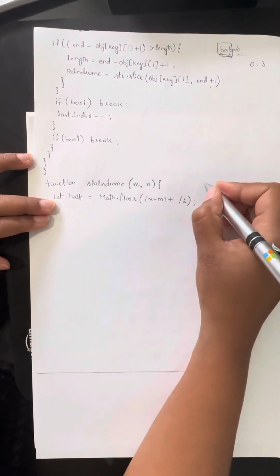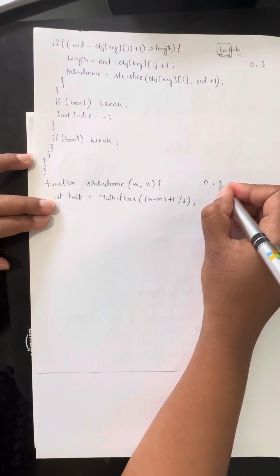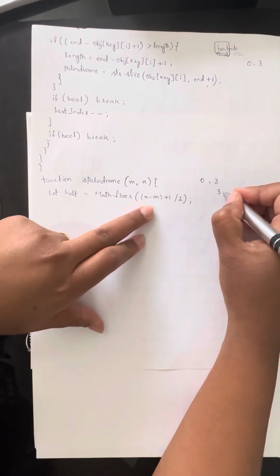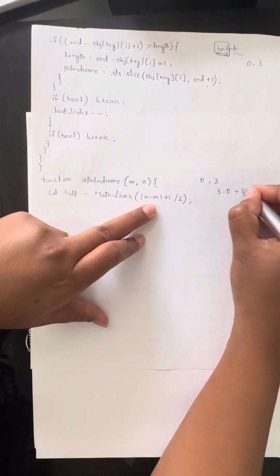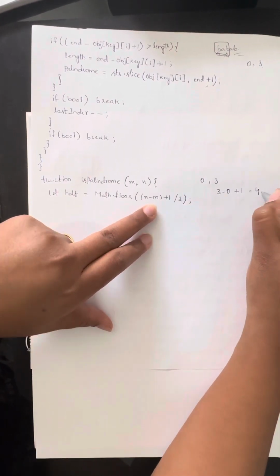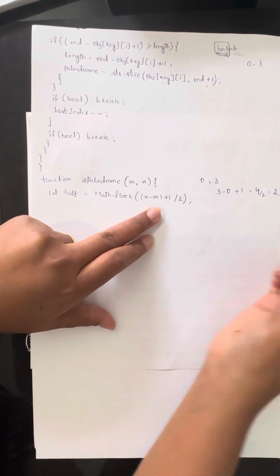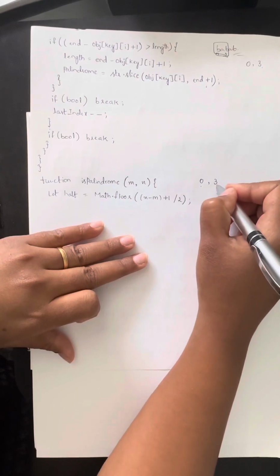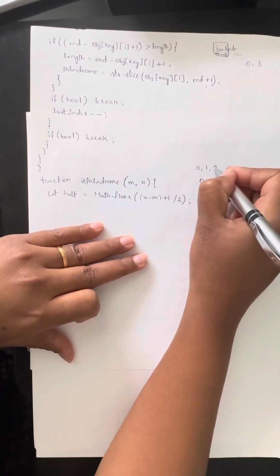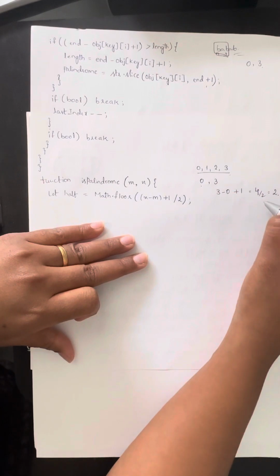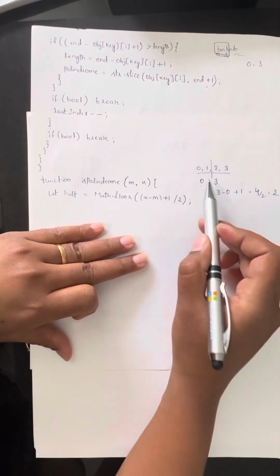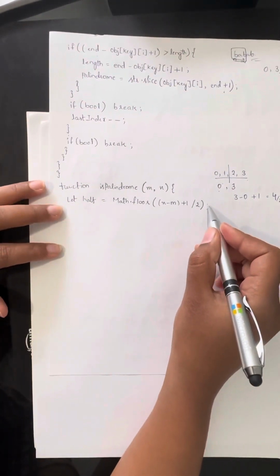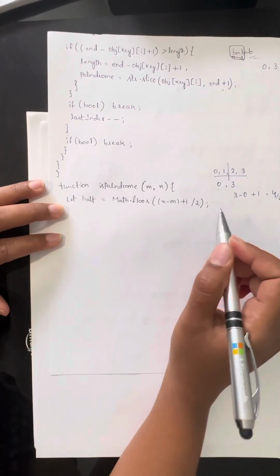Let's say m is 0 and n is 3. Then 3 minus 0 plus 1 becomes 4, by 2 is 2. So if we have m and n as 0 and 3, that means we have these indexes, so the half should be 2, right? For that reason we are finding the middle index.